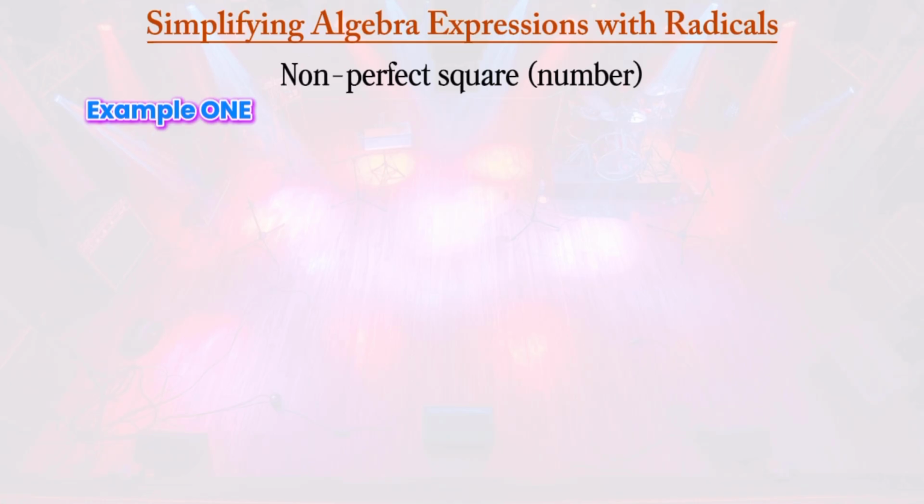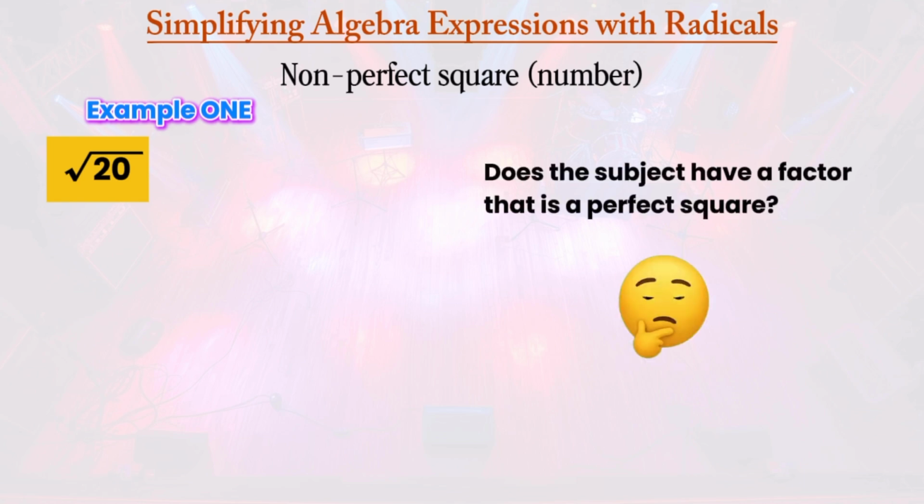Alright, so what happens when you're no longer dealing with a perfect square? Let's take the square root of 20 for example. When dealing with a value that is not a perfect square and trying to simplify it, the main thing to ask is, does it have a factor that is a perfect square? In other words, can it be divided by a number that is a perfect square?